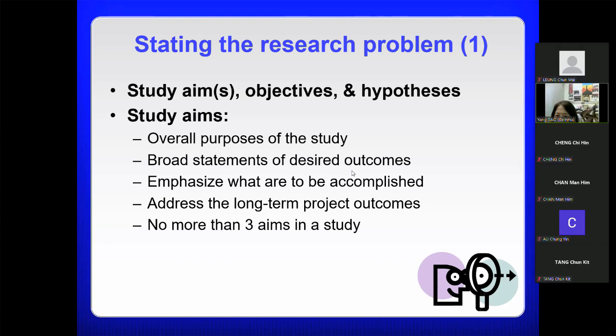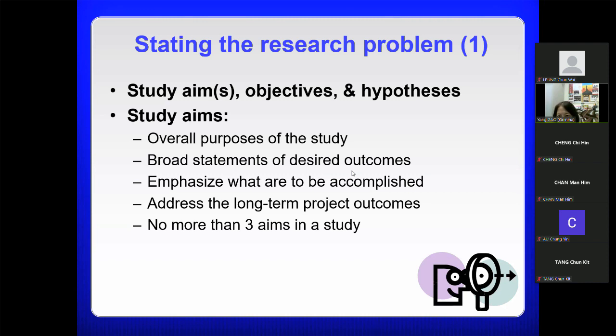Okay, everyone is back. Can you see the PowerPoint? Good, thank you. Now we go back to the research problem. So now we're talking about the research problem, in the context of our honors requirement for the honors project.